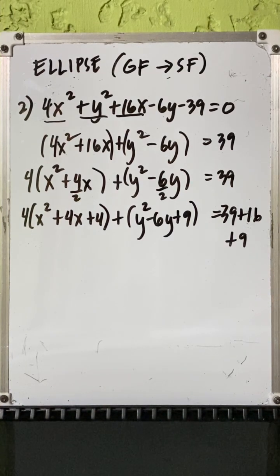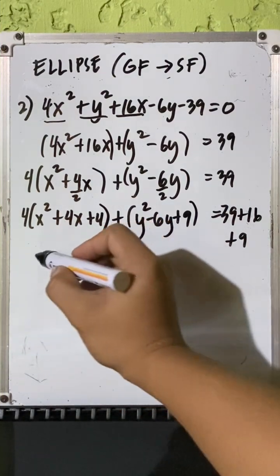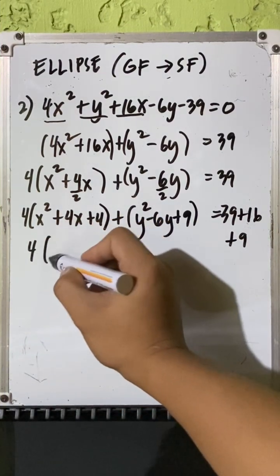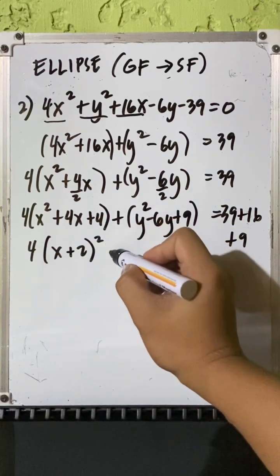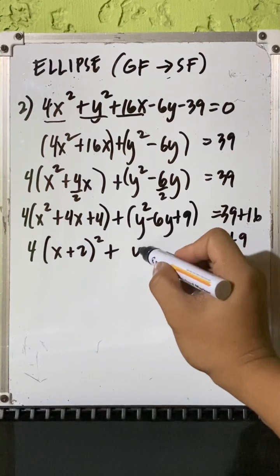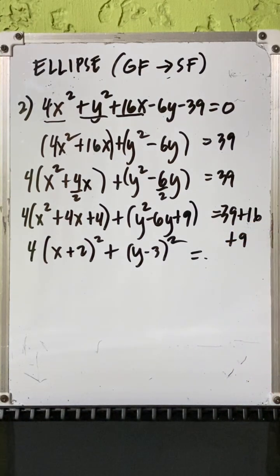Okay. Next is we need to factor. So this will be 4 times x plus 2 squared plus y minus 3 squared is equal to, so you need to add 39 plus 16, that is 55, plus 9, that is 64.